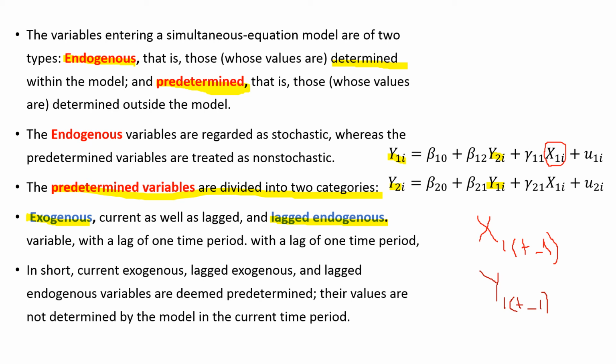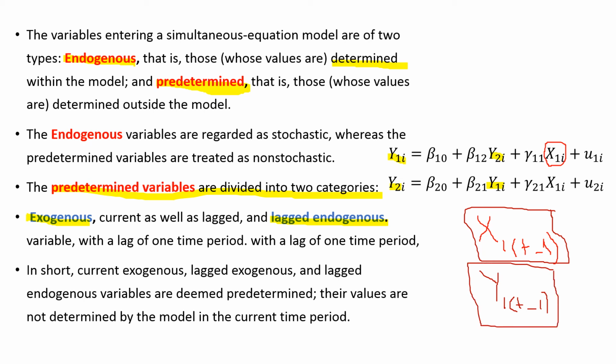These predetermined variables can take different forms. The first one is completely exogenous at the current time point, like x1 here. Or it could be exogenous but at lagged values, at 1 lag, 2 lags, whatever. And we may also use the endogenous variable itself, but lagged.